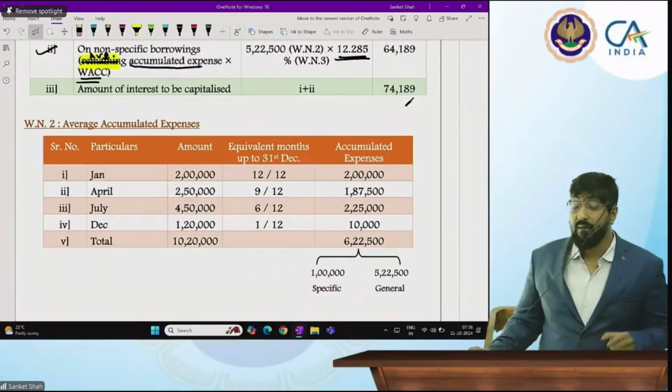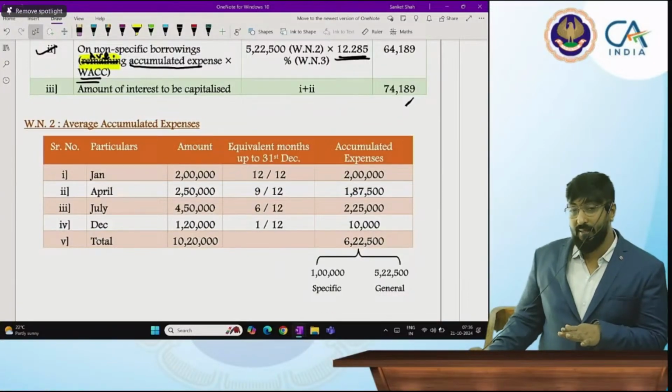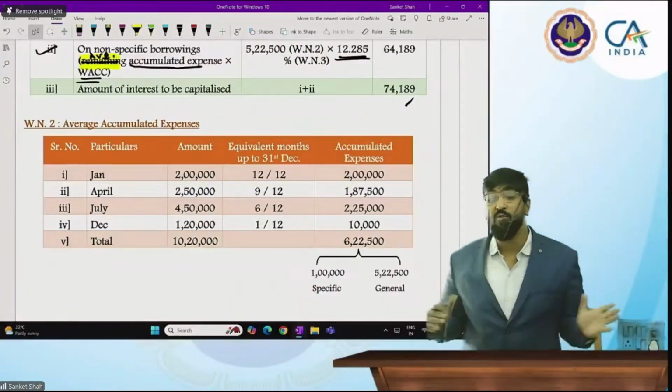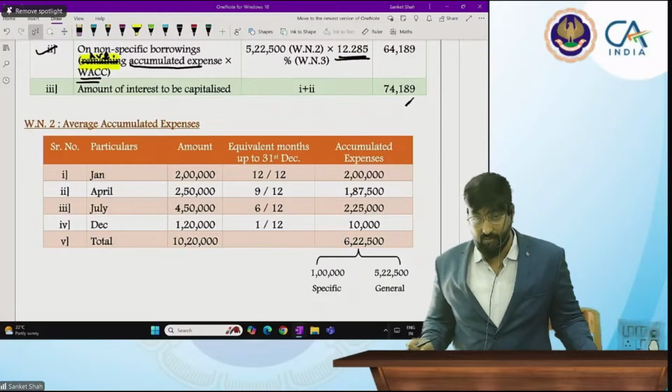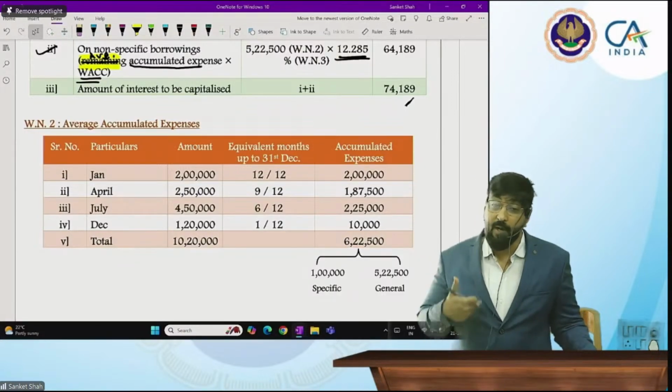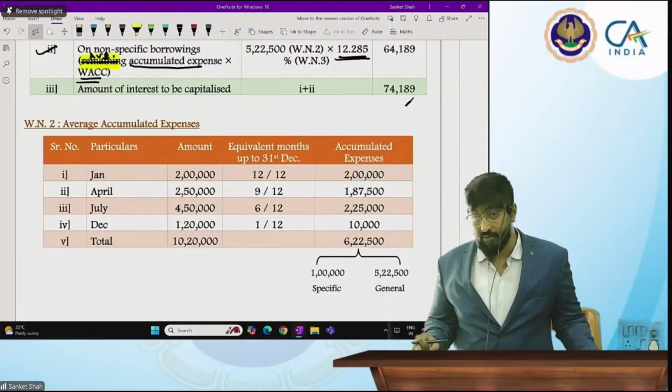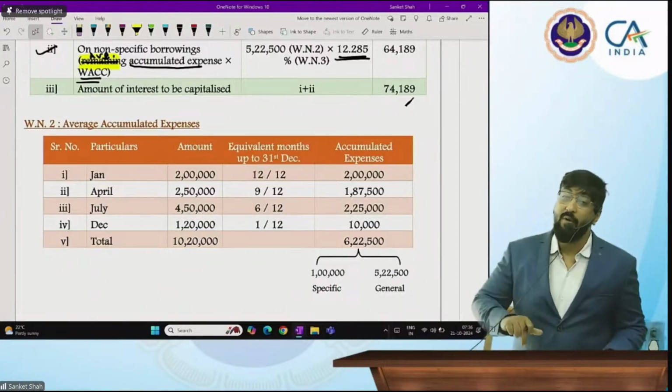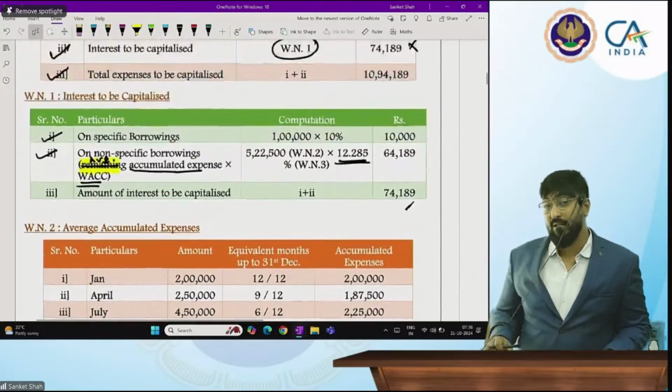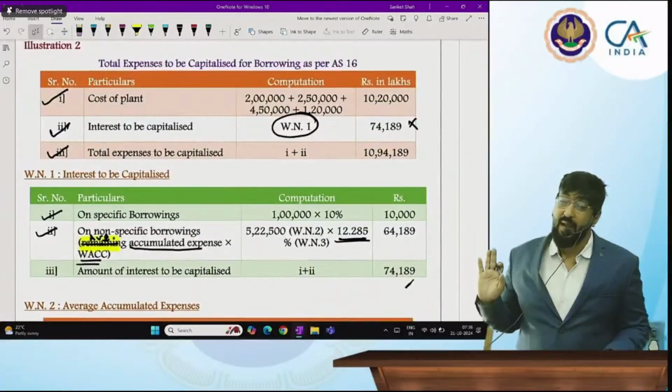You have to convert it into accumulated expenses क्योंकि expenditure is not incurred throughout the year, 12 months. Yes, you have different period for different expenditure. Okay, so you incurred it in January, April, July, December. तो रश्मि जी आपको ये average accumulated expenses column बनाना जरूरी है. प्रेजेंटेशन समझ में आया आपको?